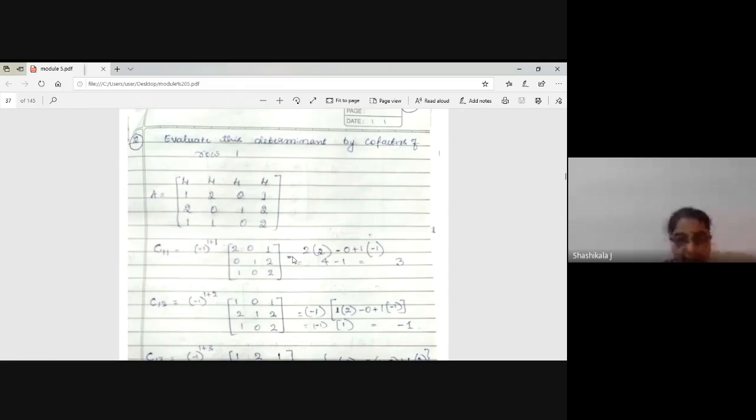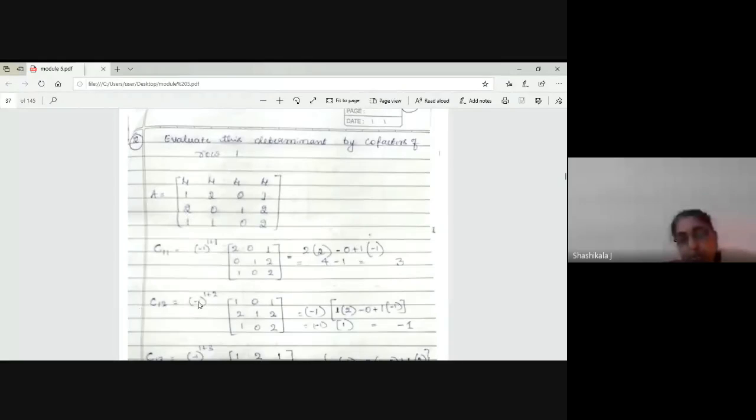You know how to find the determinant of that, and whether it is plus or minus, I take care of by minus 1 to the power of 1 plus J. J here is 1. You understand? After solving this, you are going to get 3. Yes. Similarly, can you do C12?